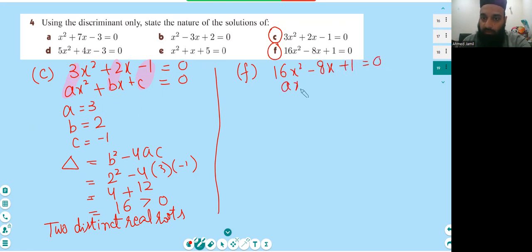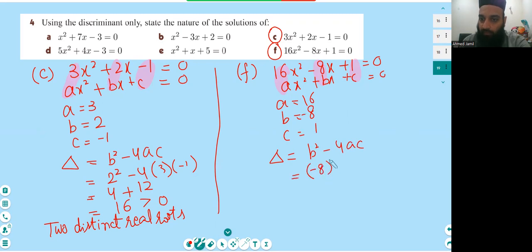Comparing with the general form of the quadratic equation, we get a equals 16, b equals -8, and c equals 1, right? Okay, finding the discriminant, which is b squared minus 4 times ac. B squared is minus 8 whole squared, and minus 4 times a is 16 times 1, right? So it is plus 64 and minus 64.